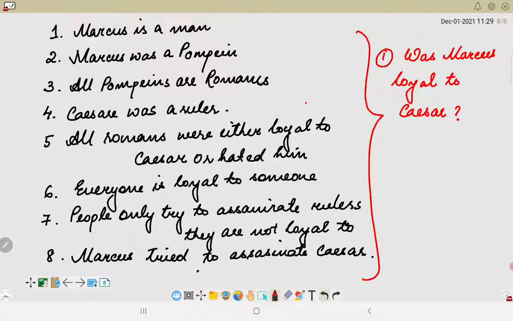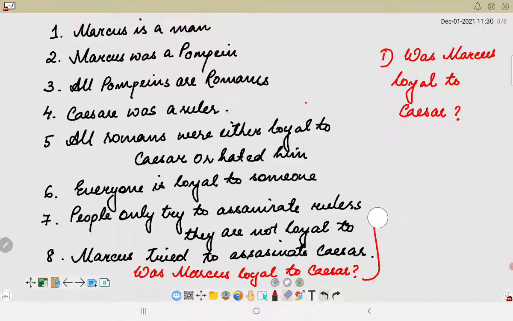So we have to find out the answer to this particular question, was Marcus loyal to Caesar?